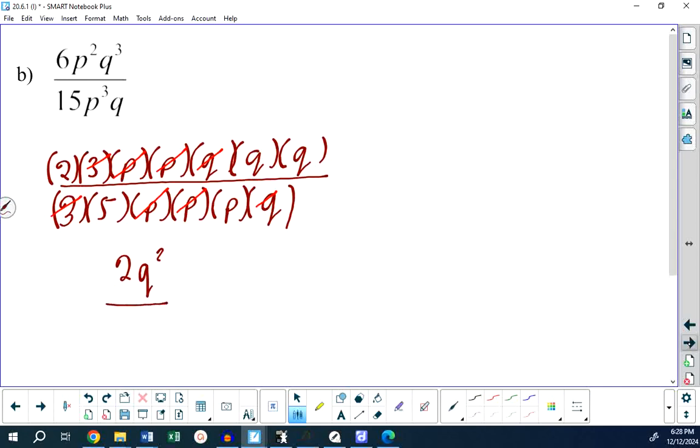In the denominator, I have 5. And I'm just left with a p. But I think most people could probably go from here to here in one fell swoop. Incidentally, p and q are both not allowed to be 0 because they were both factors in the original denominator.